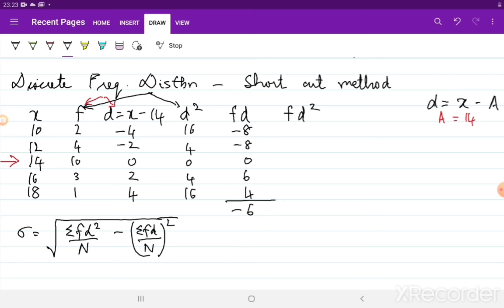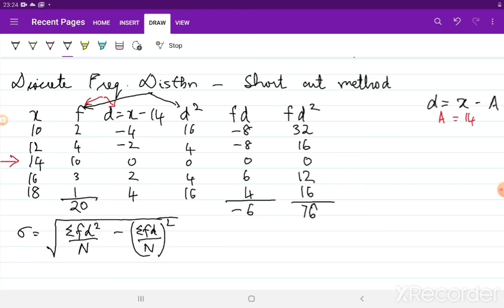So I will get 2 into 16 is 32, 4 into 4 is 16, 10 into 0 is 0, 3 into 4 is 12, 1 into 16 is 16. So you get 76. Your n is total frequency, which is equal to 20.